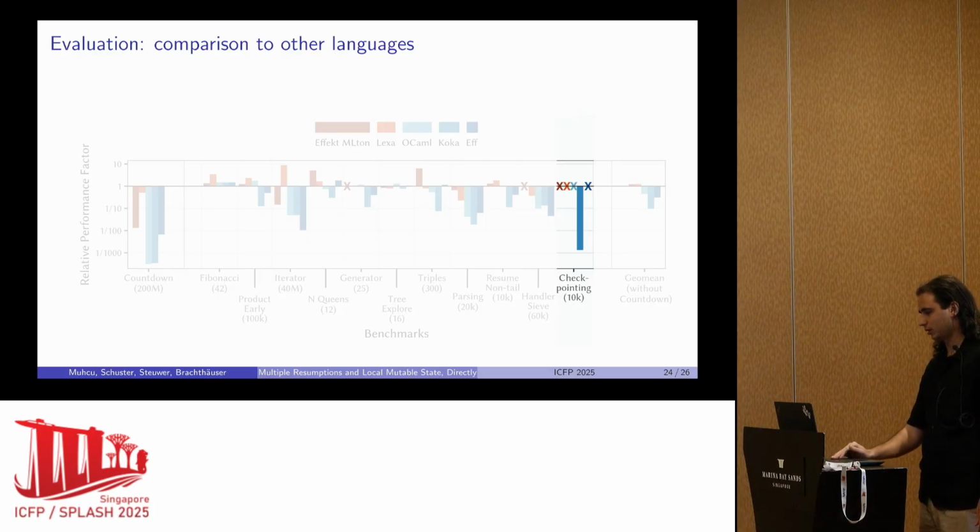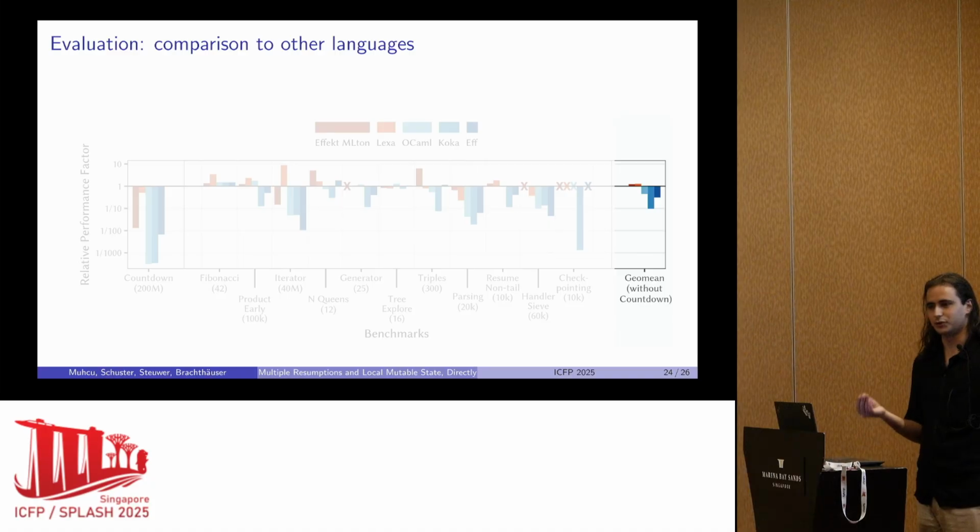And we could only run this example on Koka, which performs a lot worse than Effekt. Also, you're seeing the geomean here, so the geometric mean of all the other benchmarks. And as you can see, we're performing relatively well, while having a language that is more expressive than others.